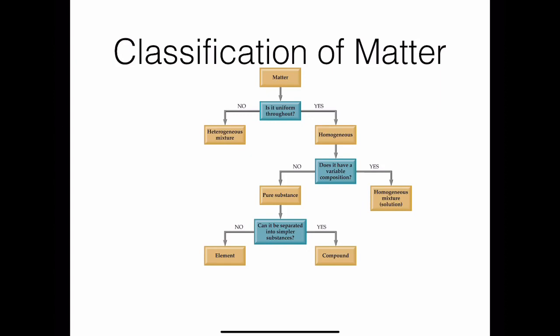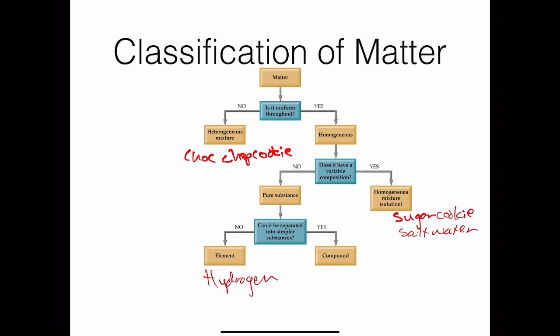So now we have a place to put each of those individual items that we talked about. The heterogeneous mixture would be our chocolate chip cookie. The homogeneous mixture would be our sugar cookie, or salt water, as we discussed. The element would be something like hydrogen, and the compound would be something like H2O.